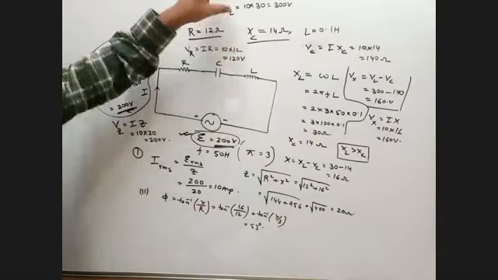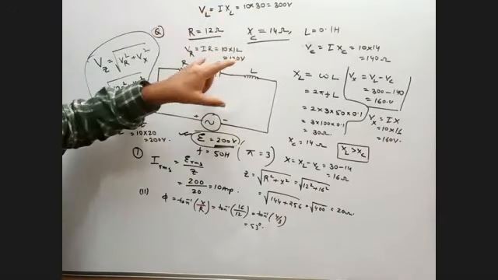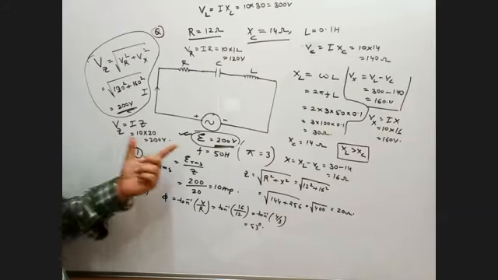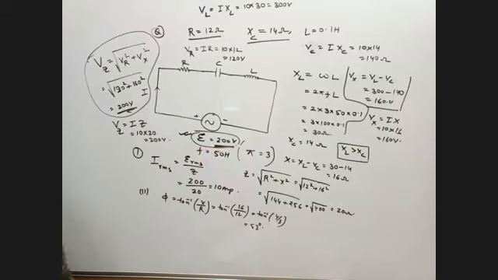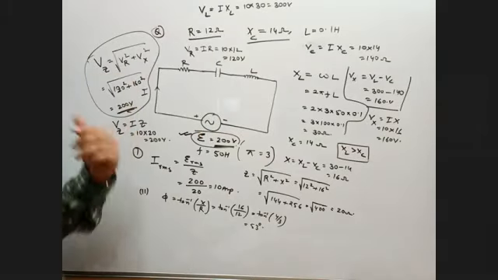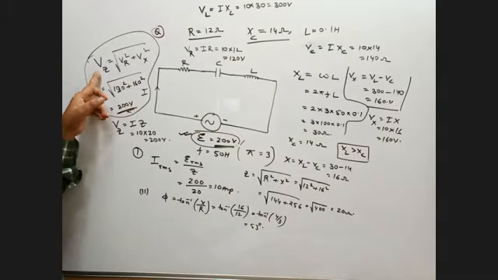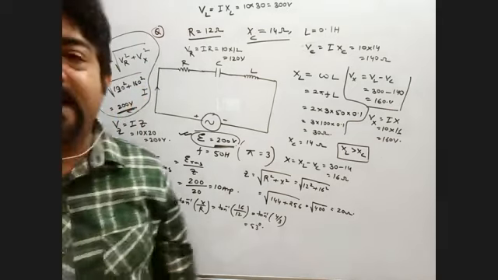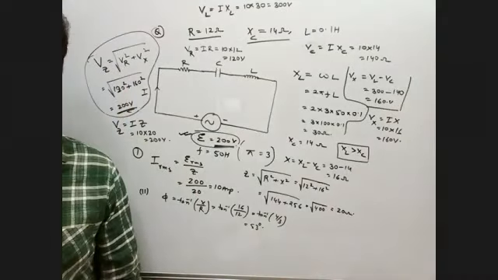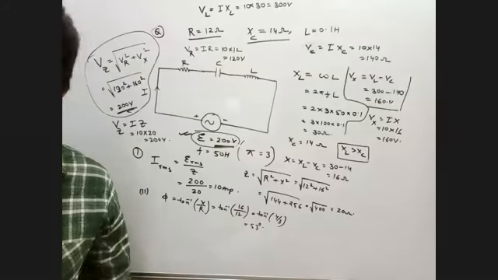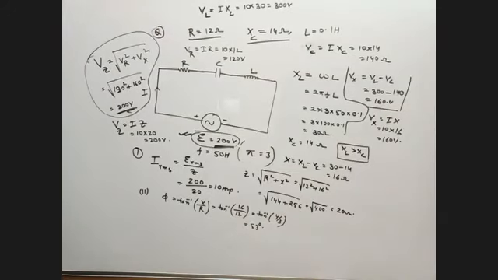If you add VL, VC and VR, your net value is 560, but your overall input voltage is 200. It is because it's not normal addition, it is vector addition. On the basis of vector addition, Vz is the square root of VR square plus Vx square, you get 200. So that's why the individual sum is greater than the resultant value. Is that logic okay for everyone? Yes, sir.